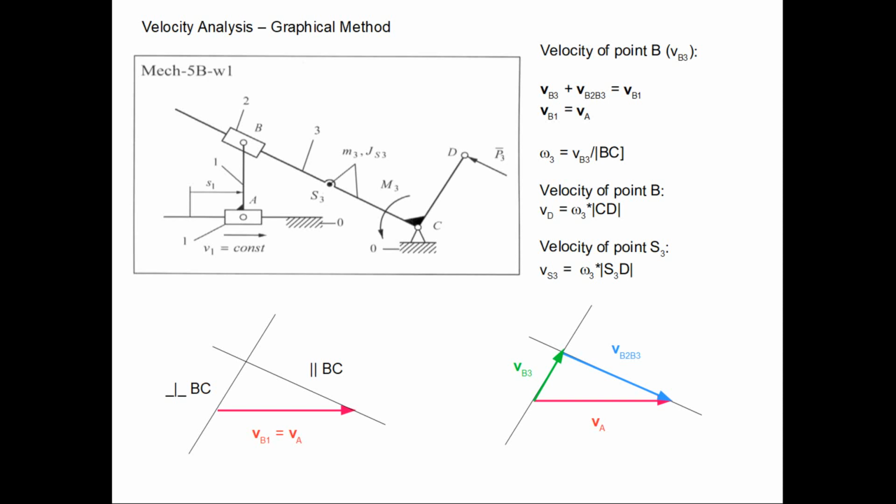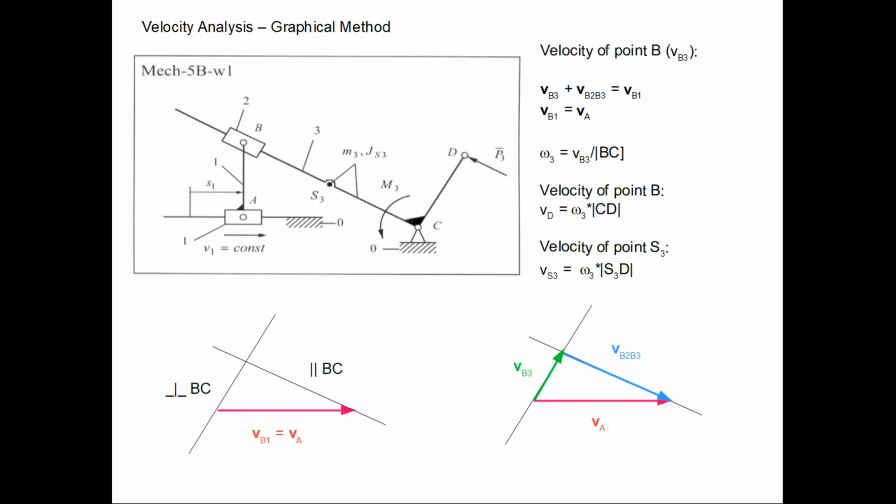In this case, point D is a point where three links coincide with each other.